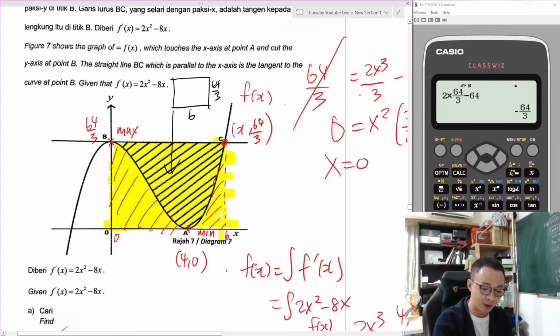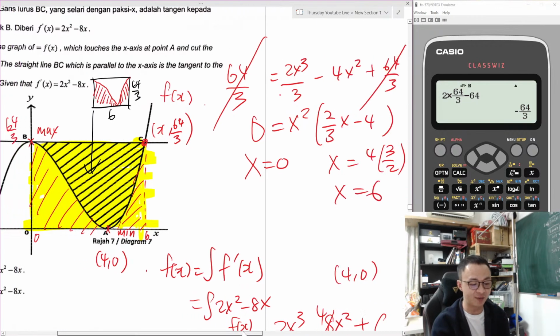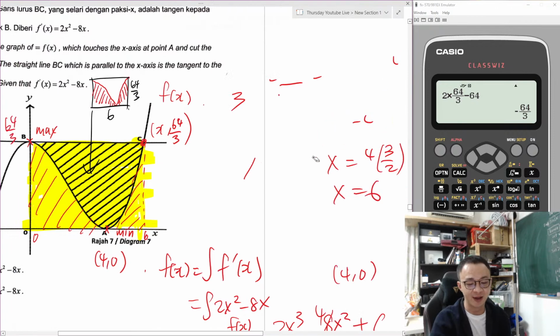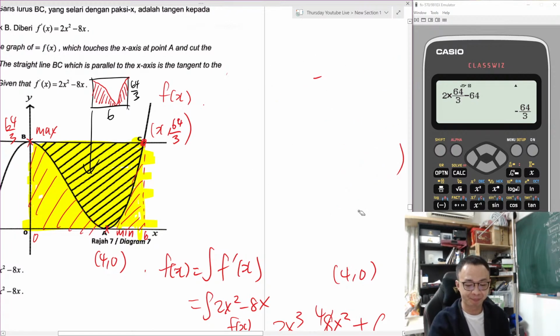Okay, so I will minus everything from 0 to 6. I can straight away integrate because it doesn't matter, I will still get the same result. Even if I want to separate it also can, but I'm not going to do that.